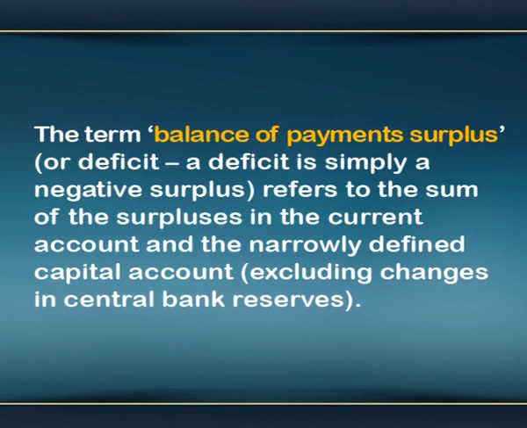Invisible trade would record international buying and selling of services and sometimes would be grouped with transfer and factor income as invisible earnings. The term balance of payments surplus or deficit, the deficit is simply a negative surplus, refers to the sum of the surpluses in the current account and the narrowly defined capital account, excluding changes in the central bank reserves.